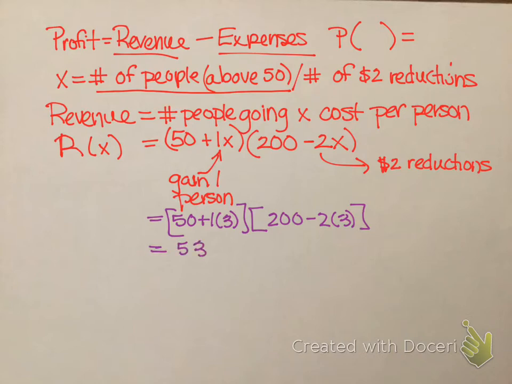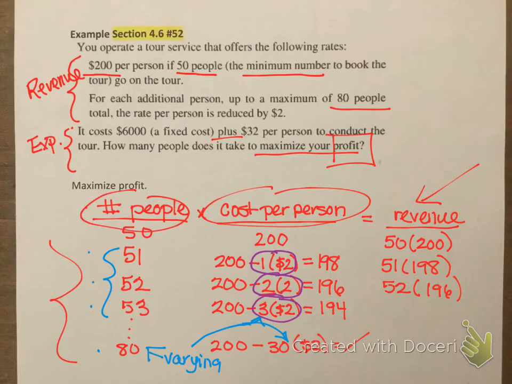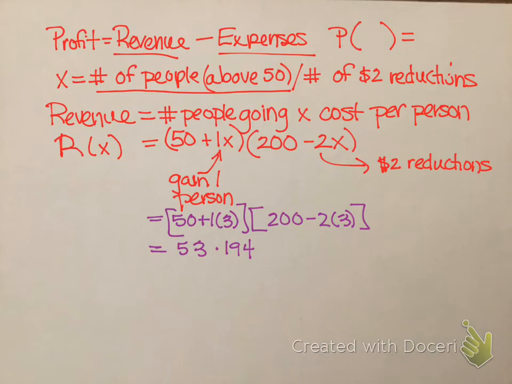So that would be 53 people going times 200 minus 2 times 3, which would be 194. Remember this? 53 people, $194 per person. Write down what you need, because I'm getting ready to erase this one. I guess you can go back and rewind.